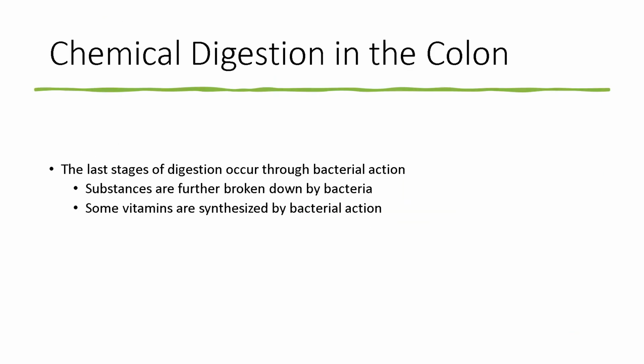The final stage of digestion occurs in the colon through the activities of bacteria that inhabit the lumen. Mucus is secreted by the glands of the large intestine, but no enzymes are secreted.